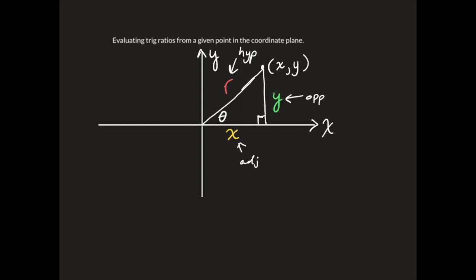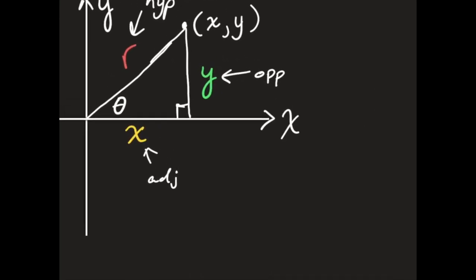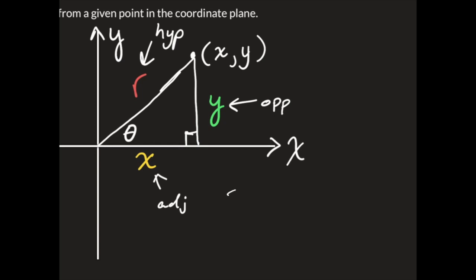So sine theta is equal to the opposite over the hypotenuse, which means sine theta is equal to y over r.